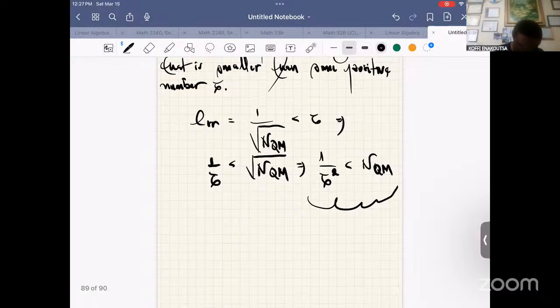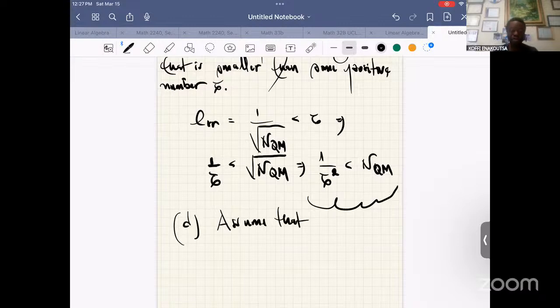D. So in D, assume that tau is 10 to the power negative 4.